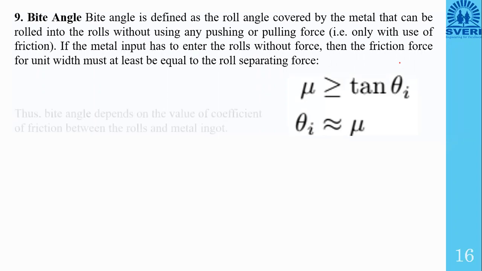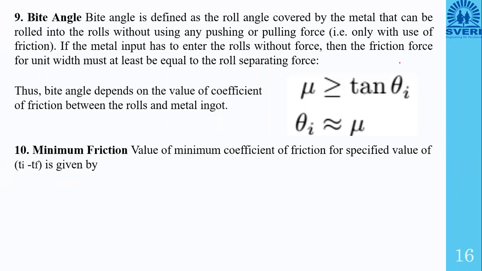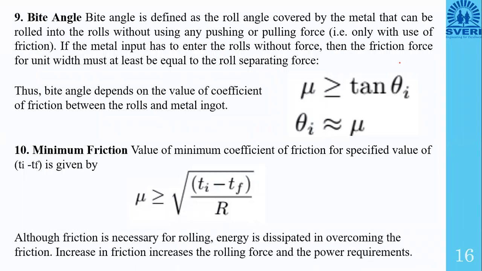So these are the assumptions. For the bite angle, mu, the friction coefficient, is greater than or equal to tan theta. The minimum coefficient of friction for a specified value is mu greater than or equal to the square root of (Ti minus Tf) divided by r, the radius.